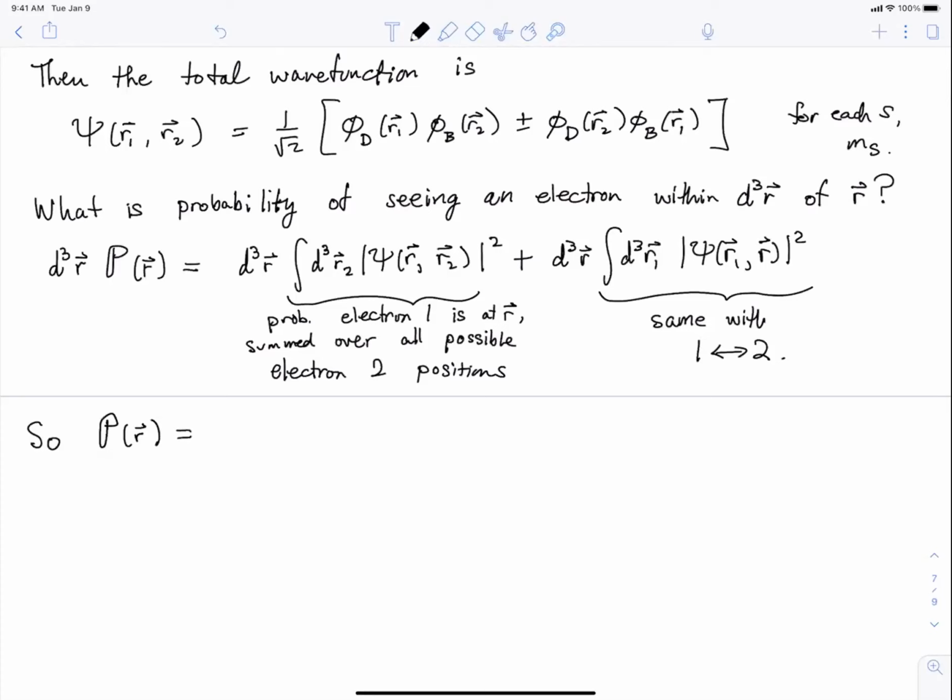Okay, so the probability density of finding an electron near R is going to be, from the first term, my DeKalb wave function times the integral D3R. I guess I'll keep my label here.